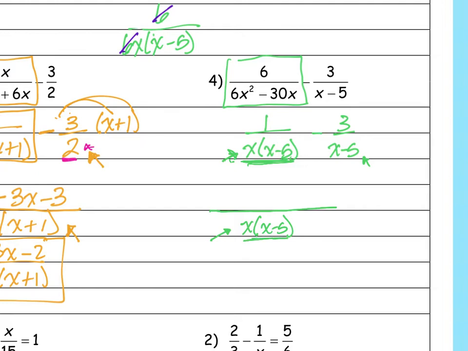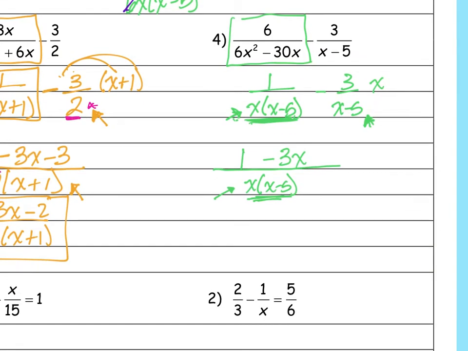So is there anything in my common denominator that's not in this denominator? No, so I have to have a 1. Yes? So the 1 just stays the same. Now, what's in this denominator that this one needs? An x. So I'm going to multiply by x. So I got negative 3x. This one's much simpler than the other one because there's no like terms to combine. So I'm going to write it with my x first because that's what I do.